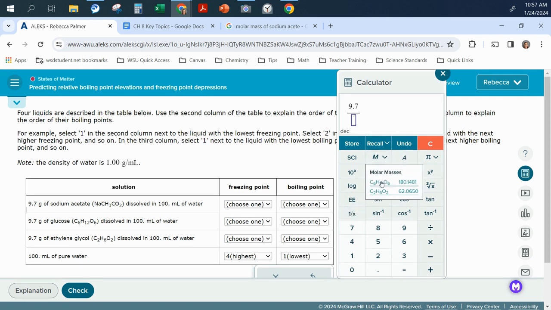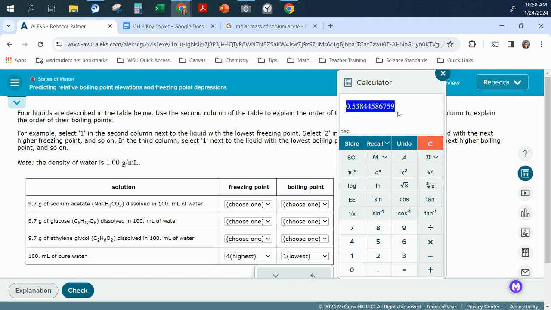This one is glucose. Glucose is covalent. It's not an acid. There's not an H at the front, so it's not going to break into ions. So this one only has 1 particle. So I'm going to multiply by 1, which does nothing, so I'm not going to do that. And then I'm going to divide by the kilograms of solution, which is 0.1.